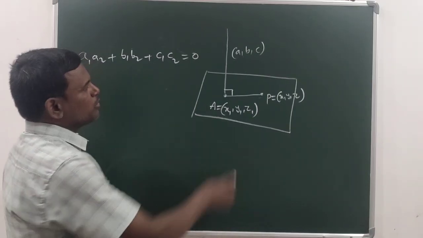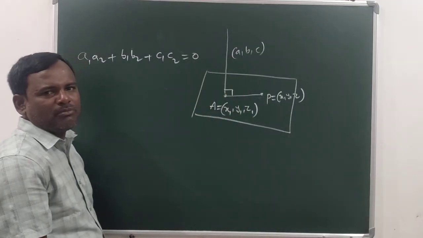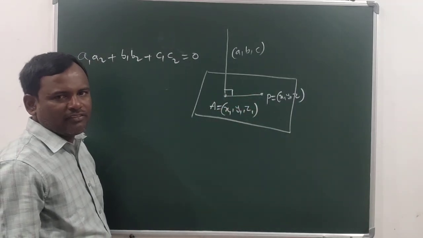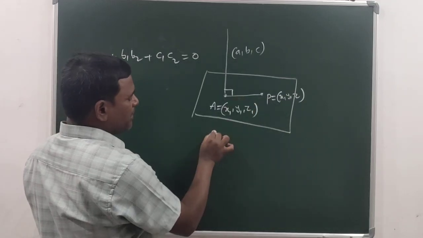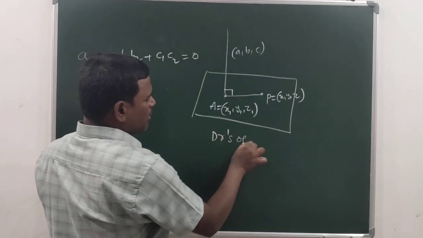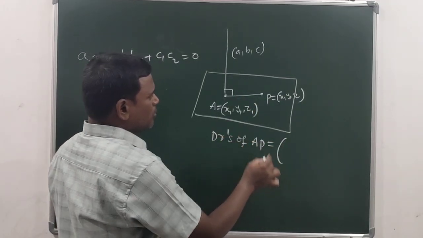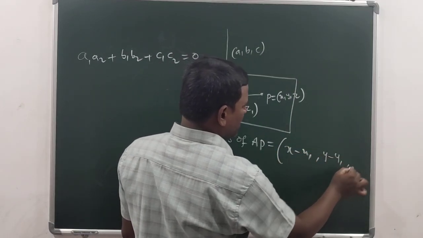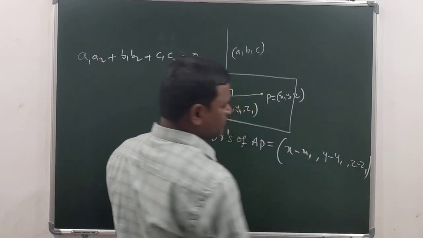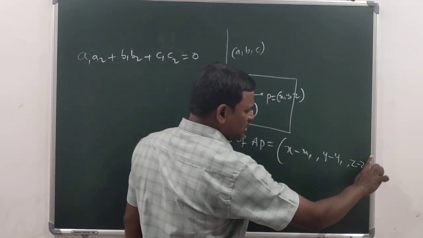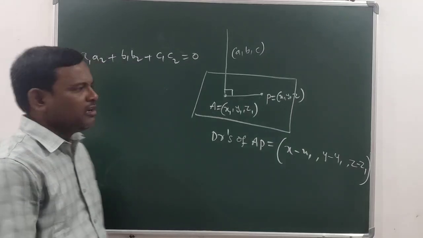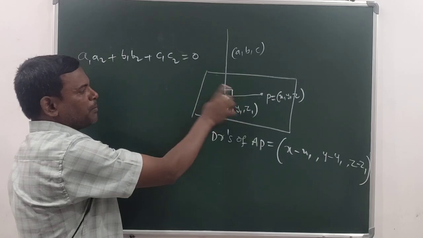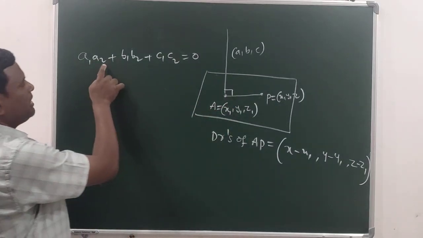See, students, here the normal DRs are given in the problem and two points are given. So now find the DRs of AP: X minus X1 comma Y minus Y1 comma Z minus Z1. You got the DRs of AP and the DRs of the normal. Both are perpendicular, hence apply this formula.